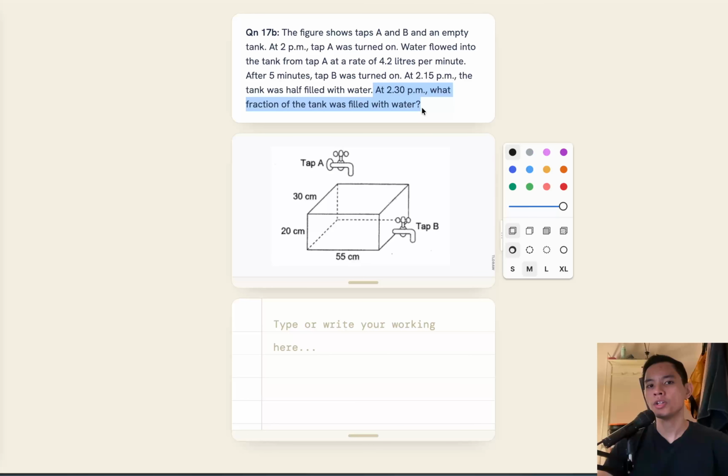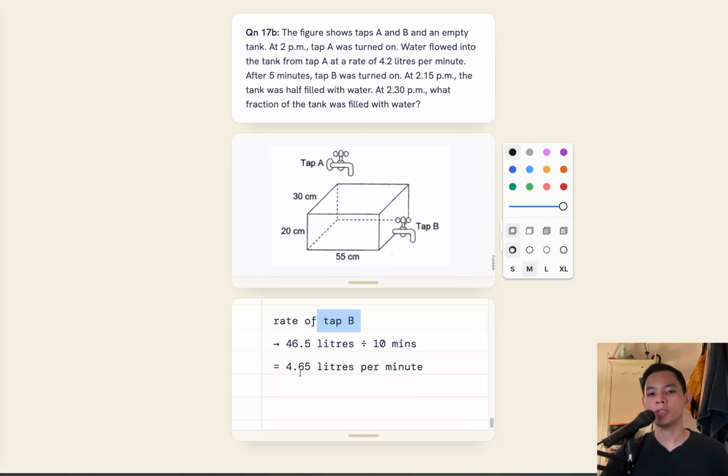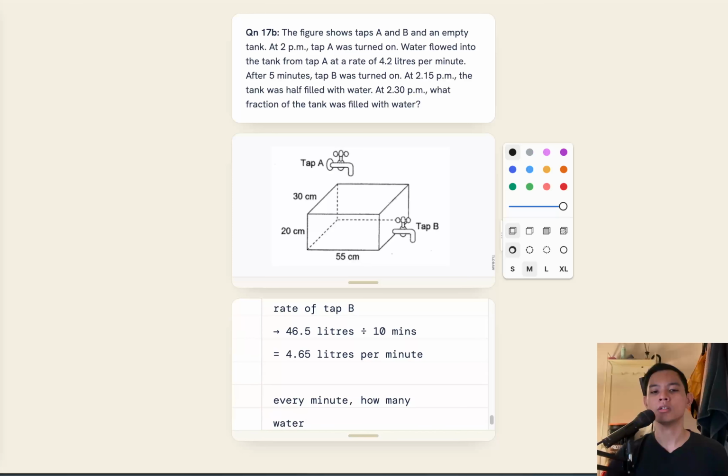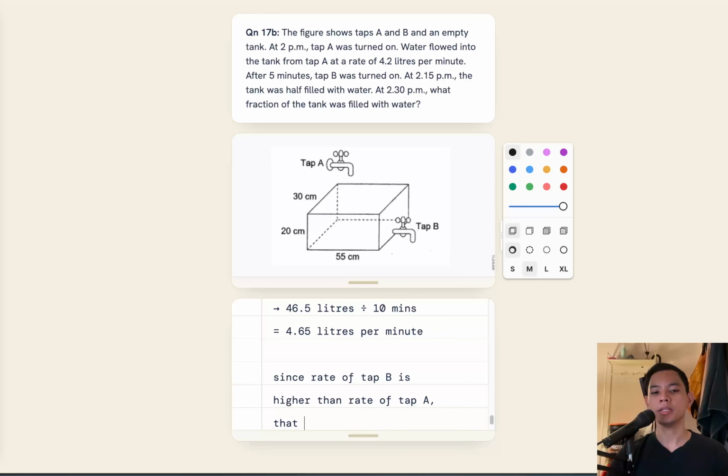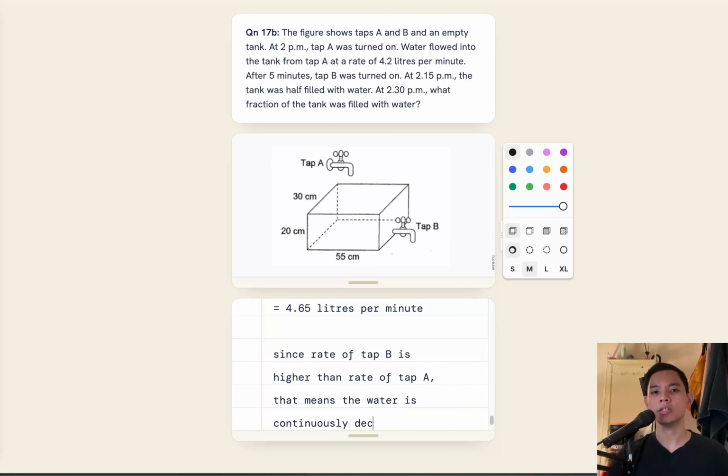At 2:30 p.m., what fraction of the tank was filled with water? So we know from the previous question that tap B flows out 4.65 liters per minute and tap A is 4.2 liters per minute. Since the rate of tap B is higher than the rate of tap A, that means the water is continuously decreasing.